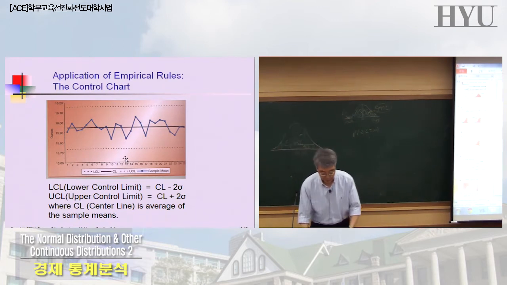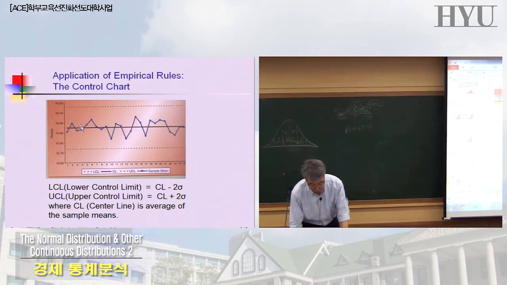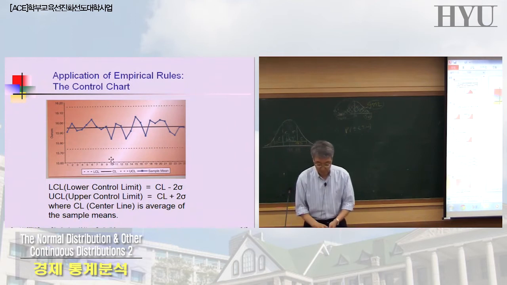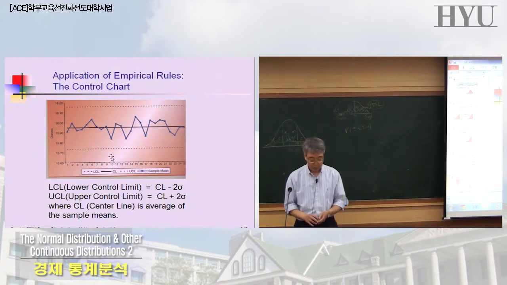So it's supposed to be 16 ounces. But on average, this thick black line here is CL. CL stands for center line. The center line is the average of the sample means, okay?